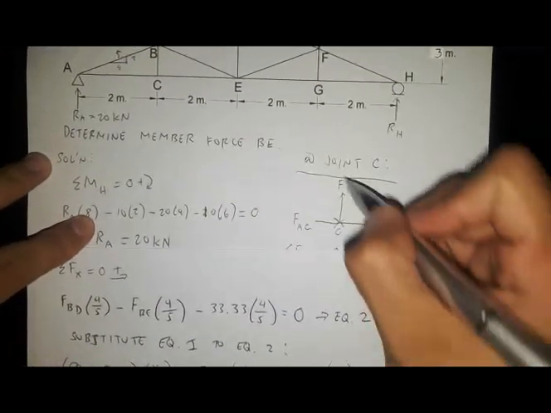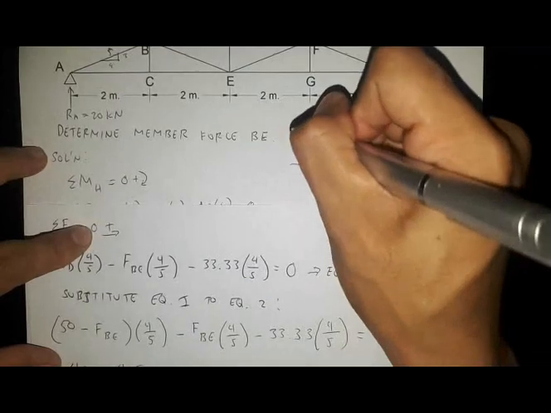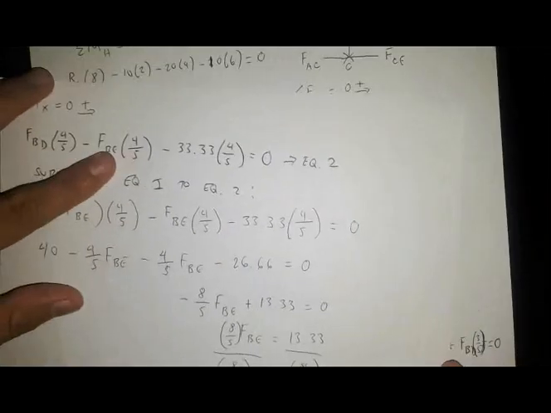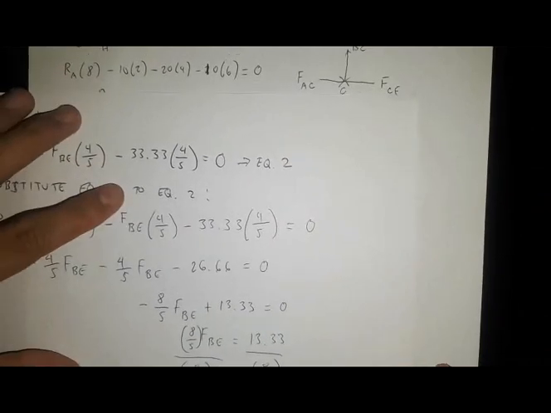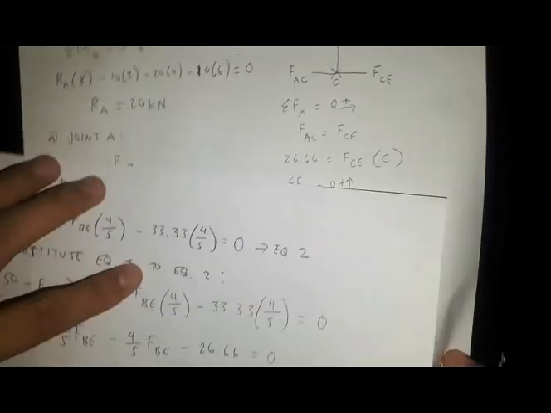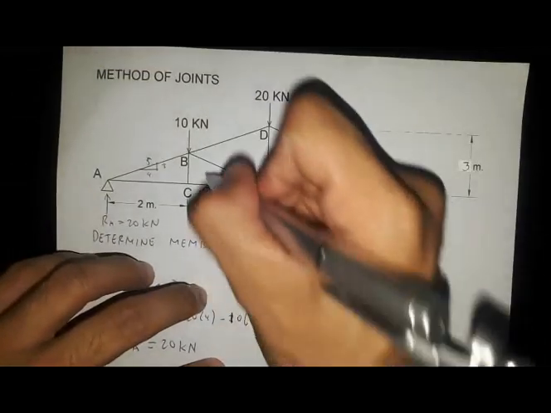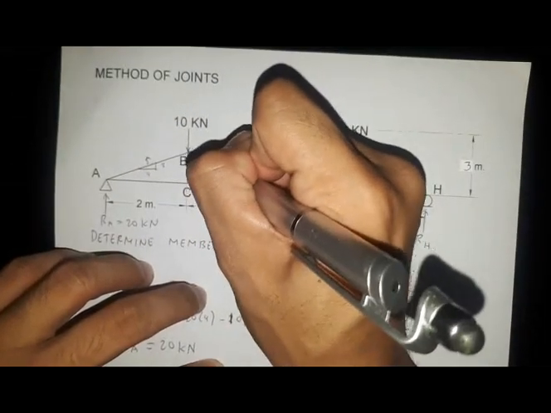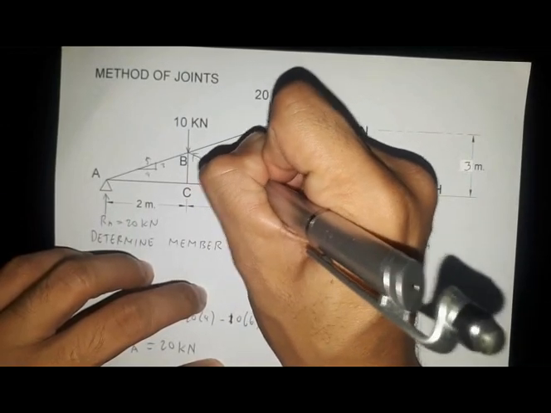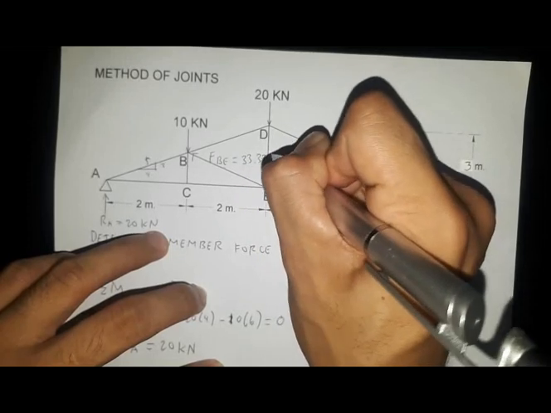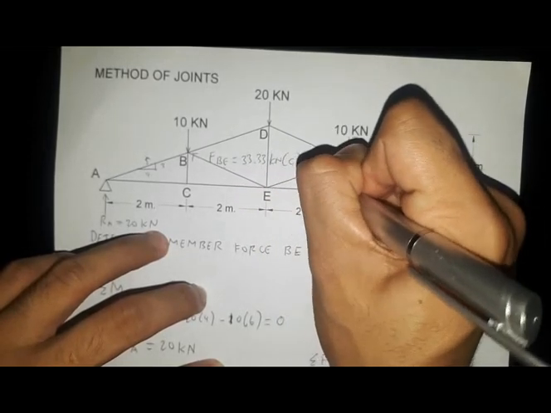So therefore we have the answer. So FBE is 8.33 kilonewton, and the force is compression. So we have FBE here. FBE equals 33.33 kilonewton compression.